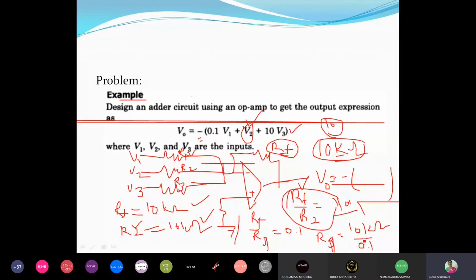R1 is 100 kilo ohms. One of you please tell me what is the R3 value, the way I have explained.